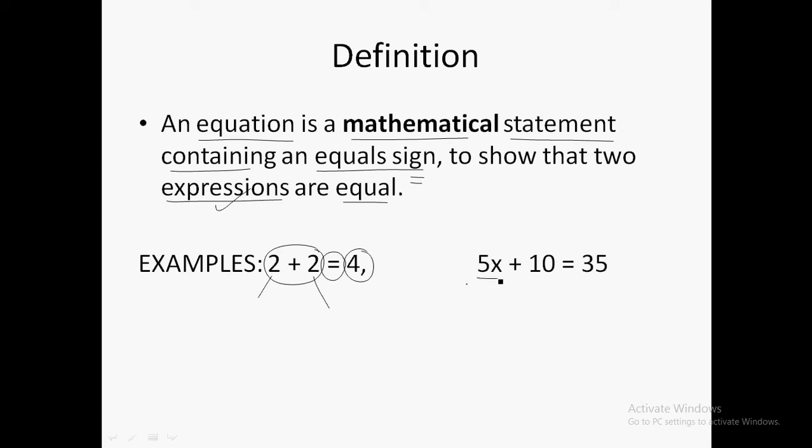5x is a term, one term, and 10 is another term, and 35 is another term which is constant. Those two terms are an expression. This is the equal sign.